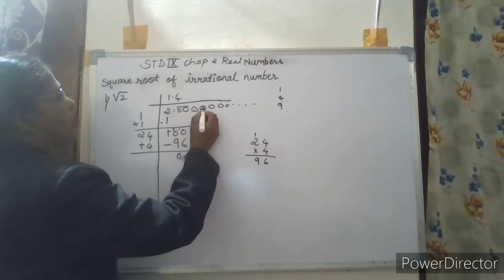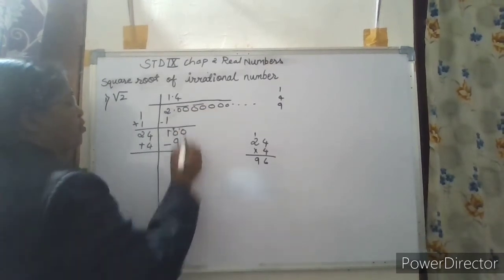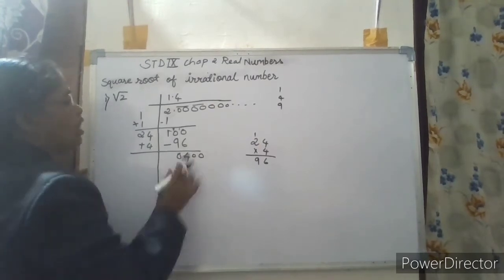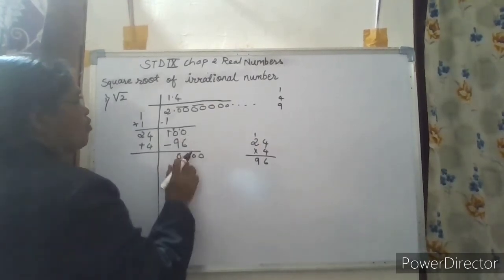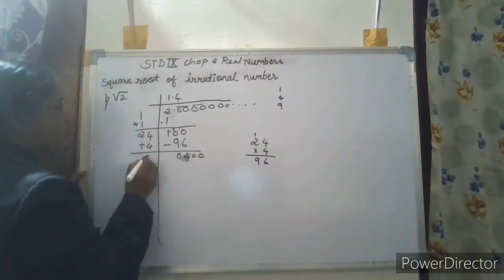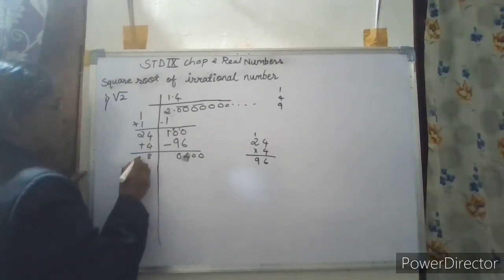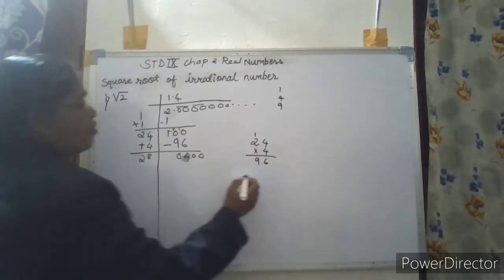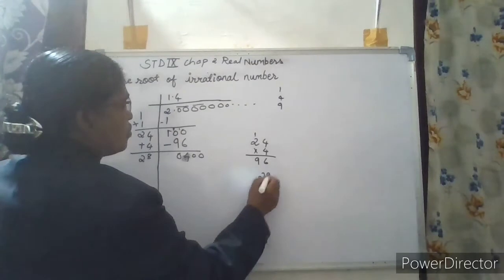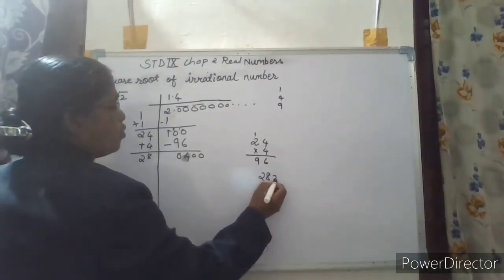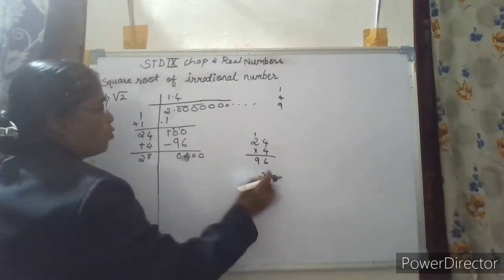Take these 2 zeros: 0, 0. It is now 400. So, here this is 8 and this is 2, 28. Now, take this 28, and if I take 2 also, it will be more.